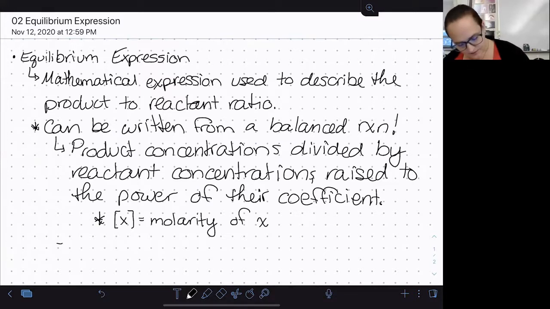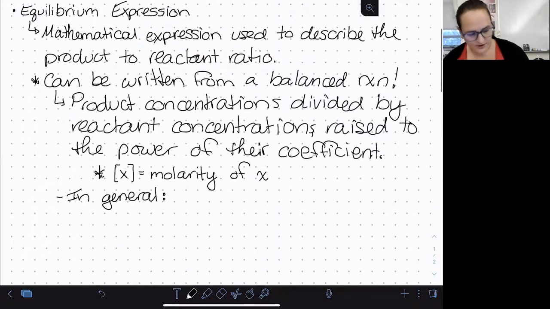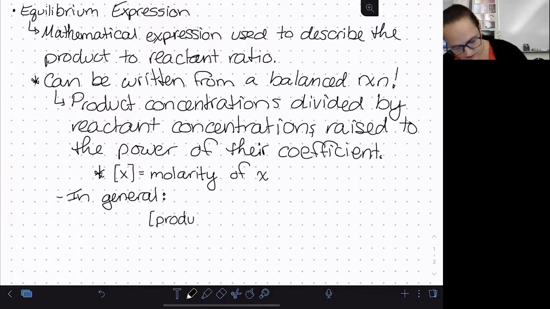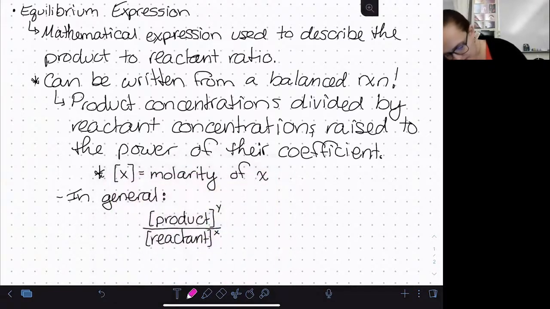So in general, our equilibrium expression looks something like concentration of our products divided by the concentration of the reactants. And these are going to be raised to some power that is coming from the coefficients in our balanced reaction.